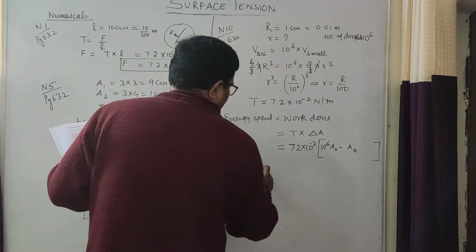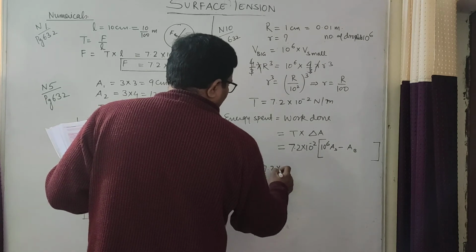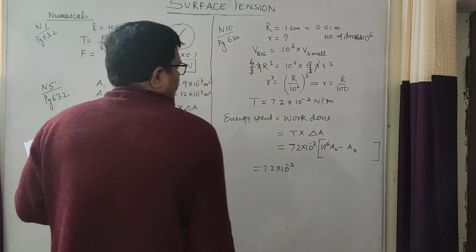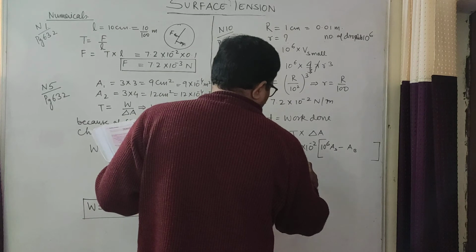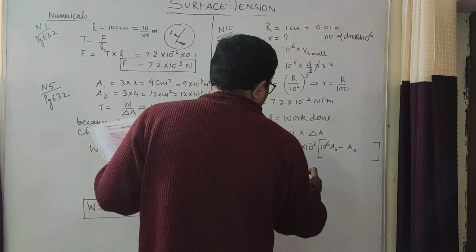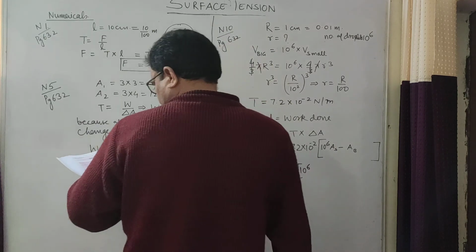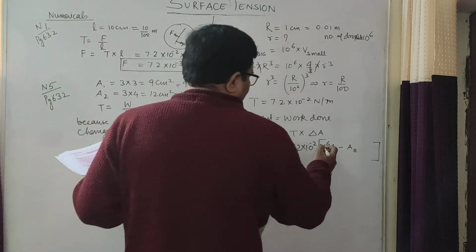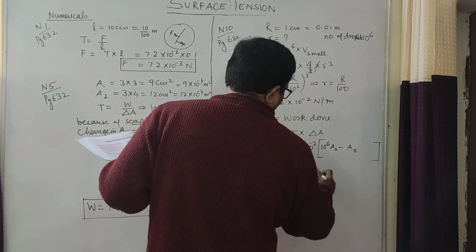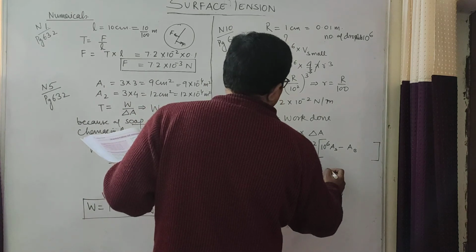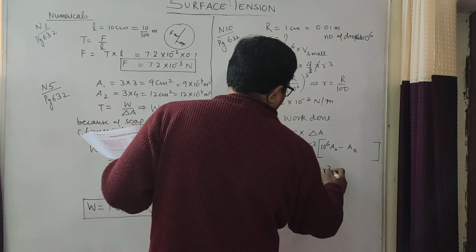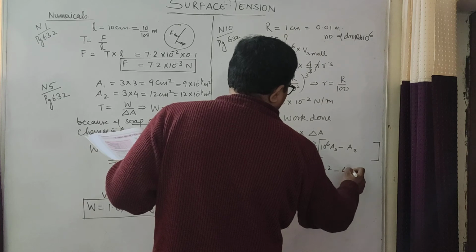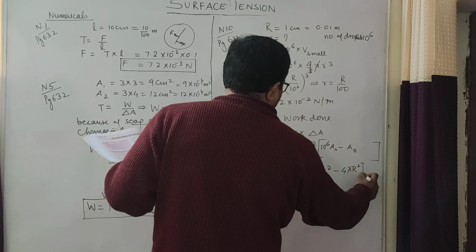So here it is 7.2 into 10 to the power minus 2, into 10 to the power 6. The area of a sphere is 4 pi r square, so 4 pi small r square minus 4 pi R square.